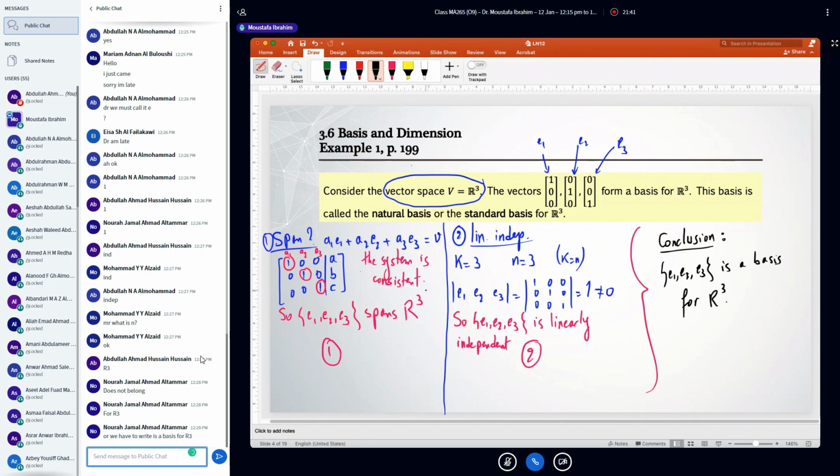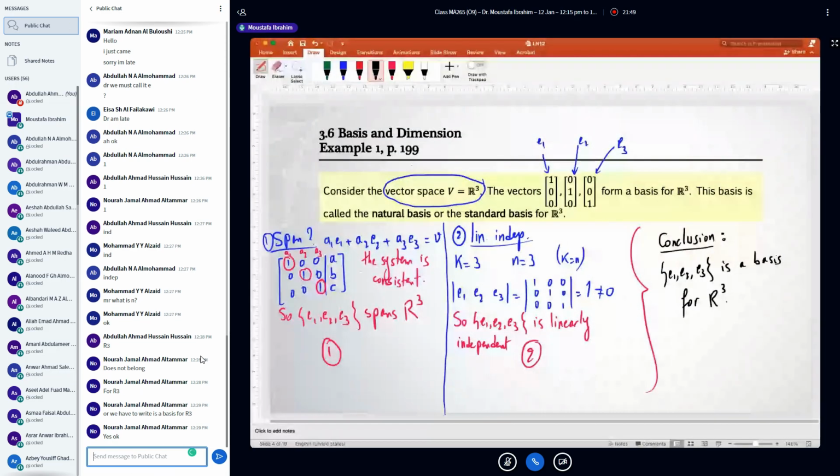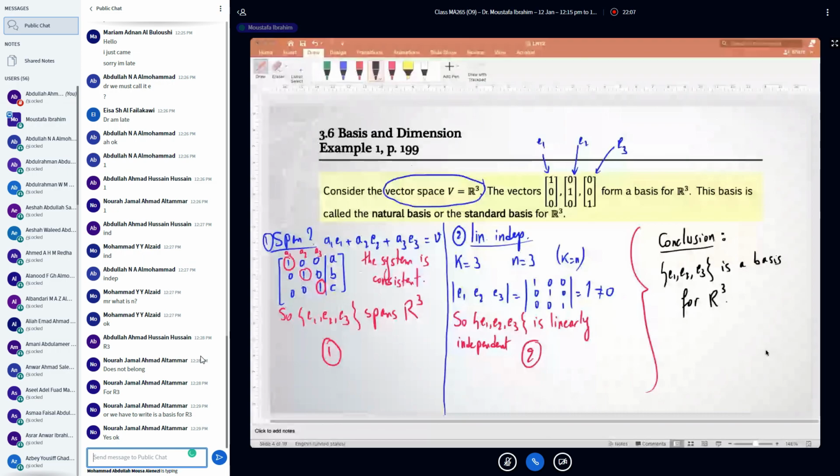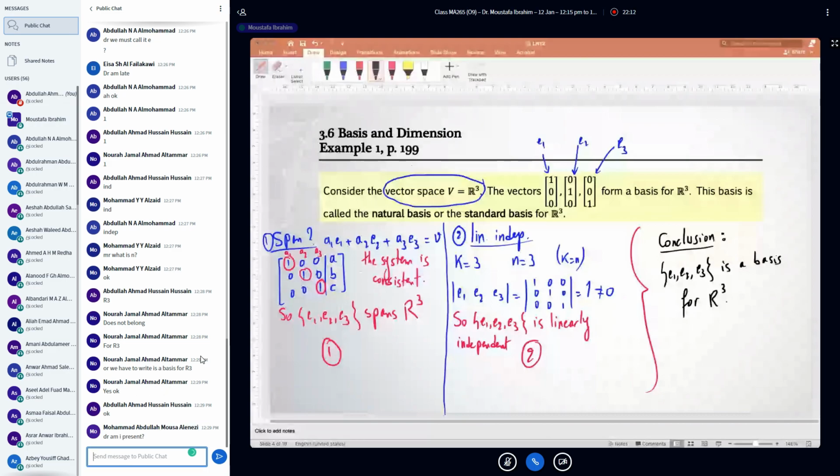It's a basis. It belongs also. Every vector belongs to R3. We have all vectors in R3. No, pay attention. Okay?